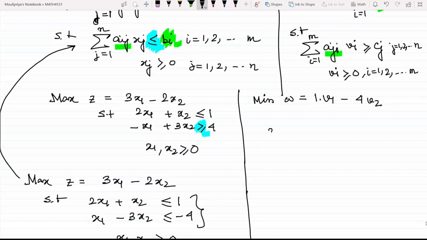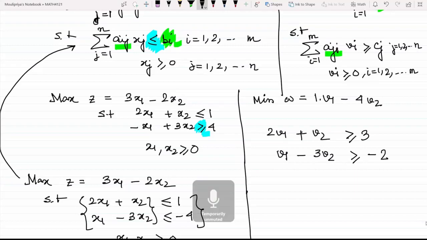We have 2 times v1 minus v2, that is we consider plus v2, we considered it column wise, greater than equal to 3, and what do we have? The second one would be the coefficients of x2, that is v1 minus 3v2 greater than equal to minus 2.